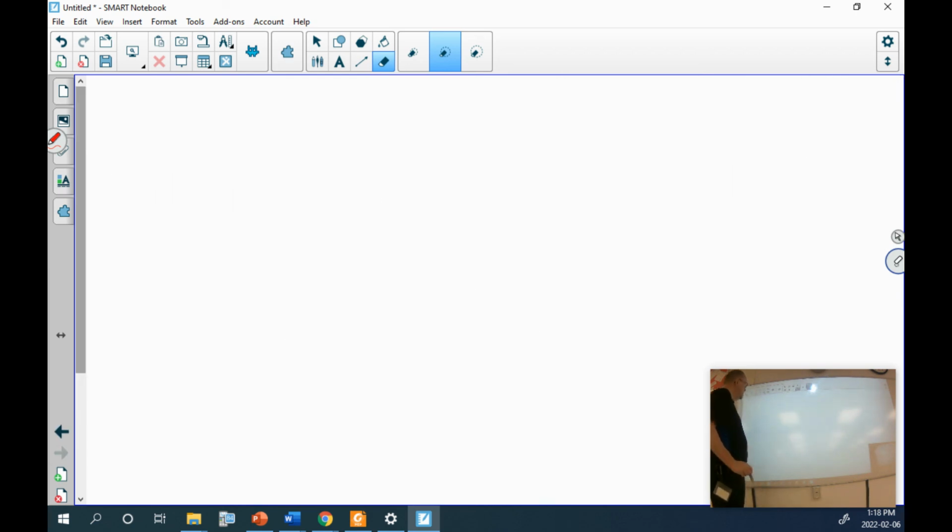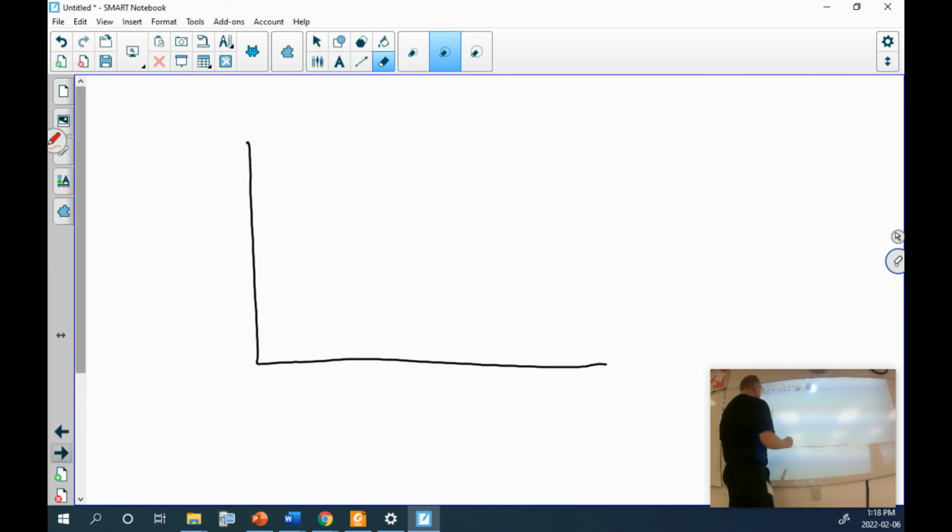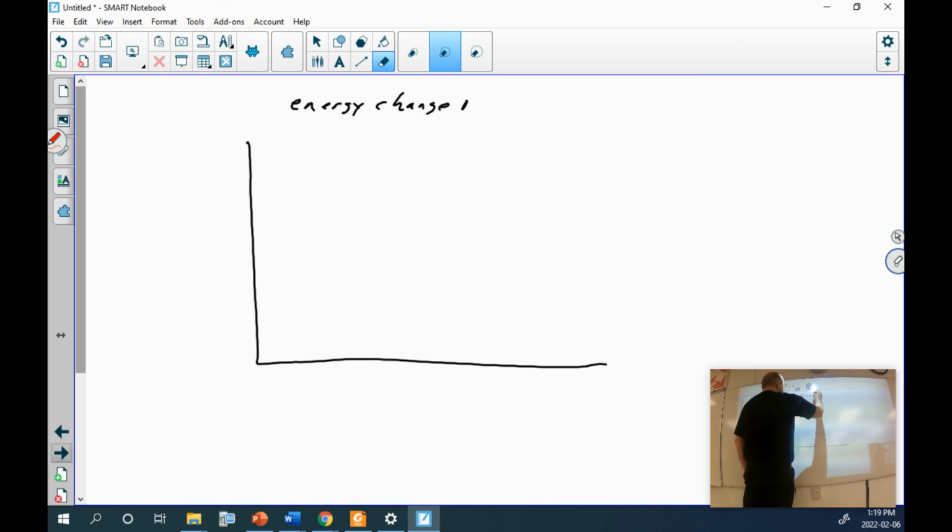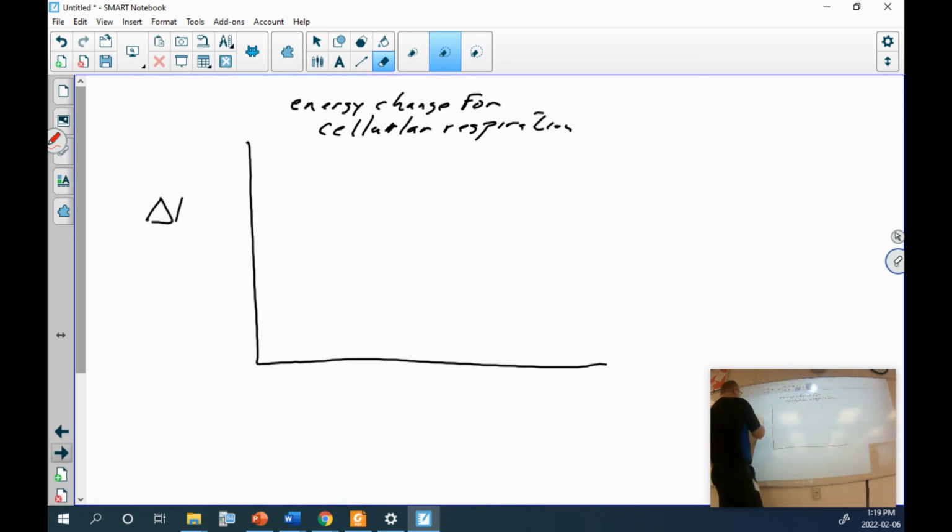And my fourth way of doing it is a potential energy diagram. There are 2 ways to do this. My change in potential energy is going to be in kilojoules.